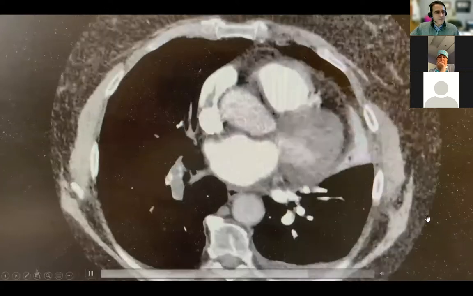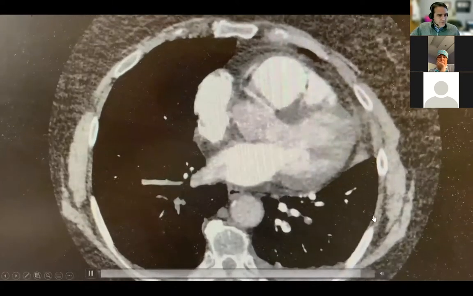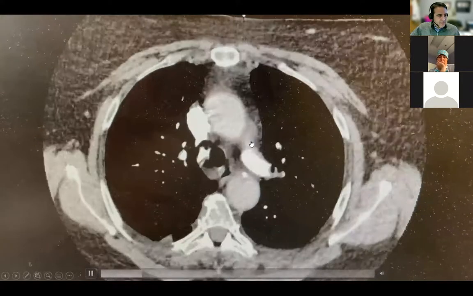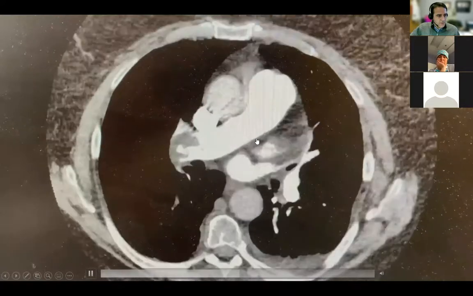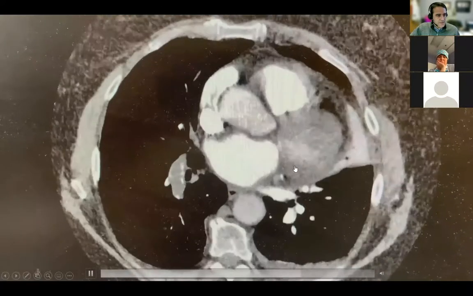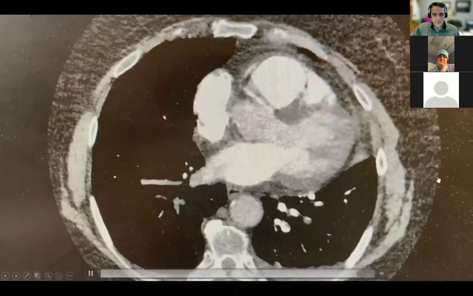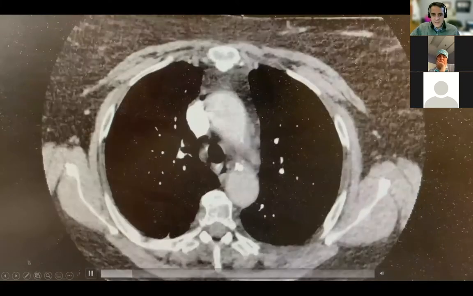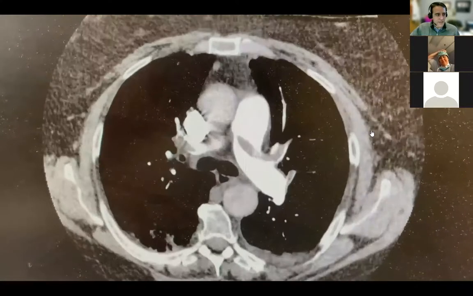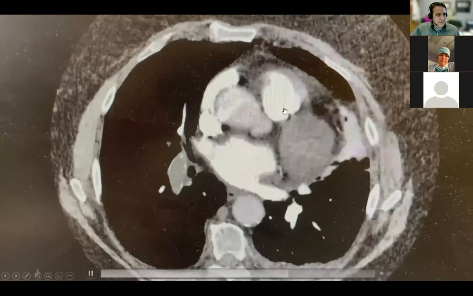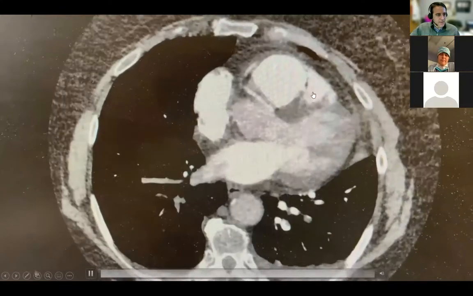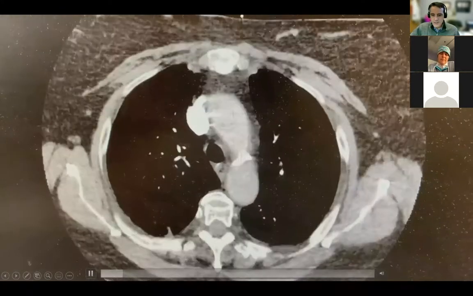I'll play this a few times because it is worth noting. The images are coming, and this is the pulmonary artery that you see here, and you see this large clot burden that obviously saddles across, and the clots are throughout the pulmonary tree. So clearly evidence of a very large clot burden, and I don't know if you noticed, but the right ventricle is actually quite enlarged here.